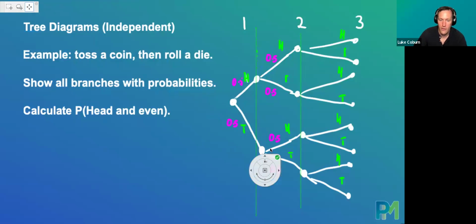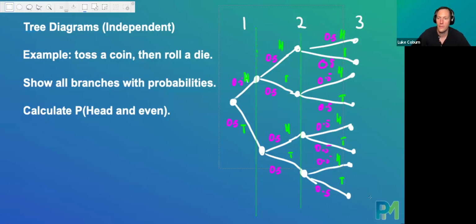Let me just write, I think it'll be quicker. 0.5, 0.5, 0.5, and 0.5, and 0.5, 0.5. The reason why I'm doing all this out, it is worthwhile. Let me also move all of this to the side a little bit. Need a bit more space.